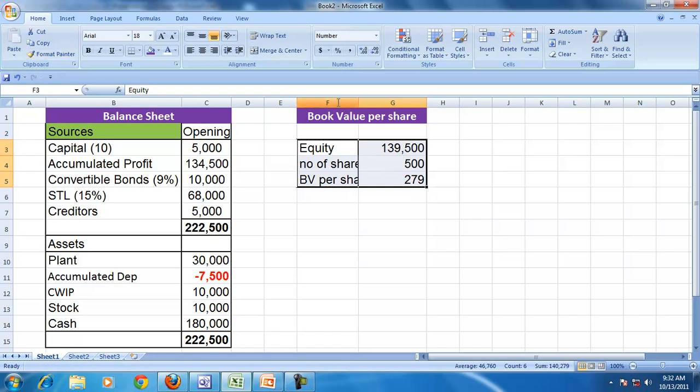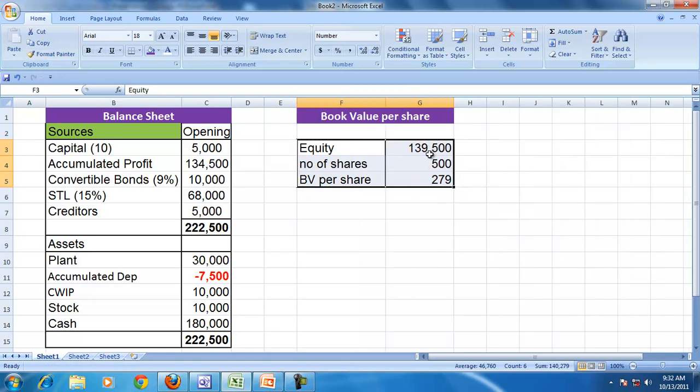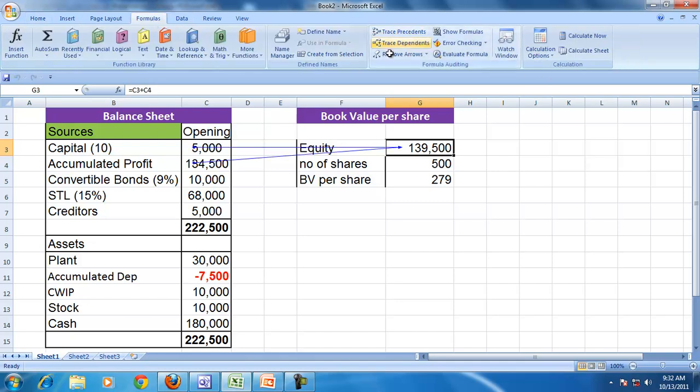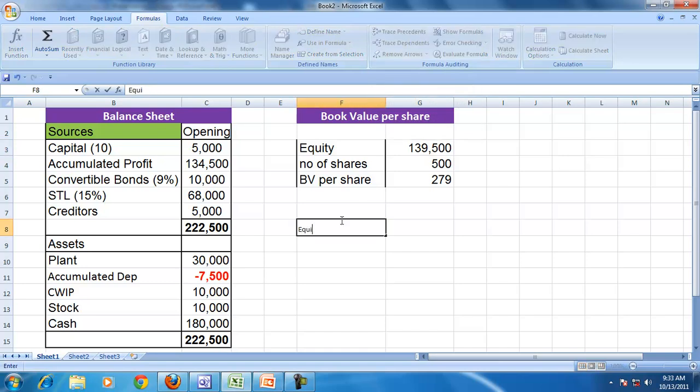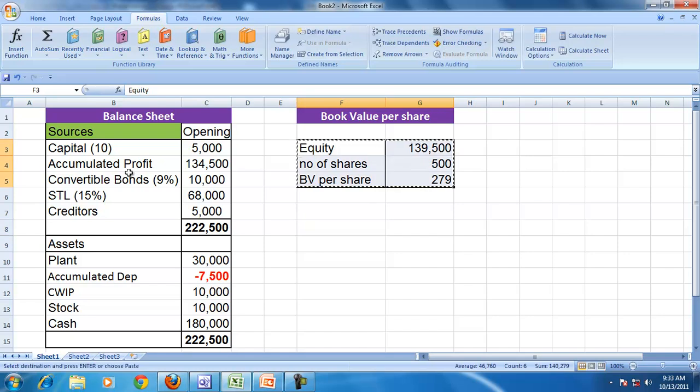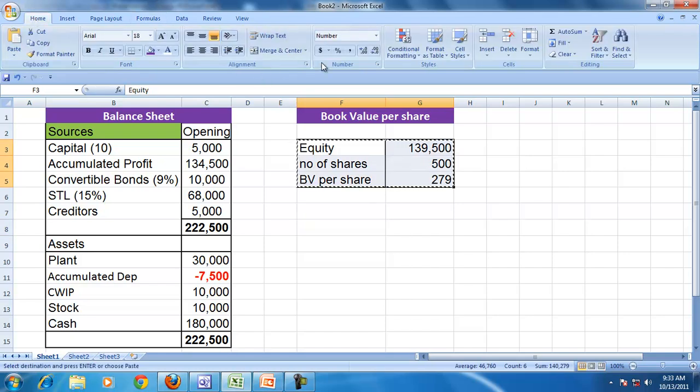So we calculated the book value per share by dividing the equity by the number of shares, and we calculated equity as capital plus reserves. We can also calculate equity as the assets minus the liabilities.